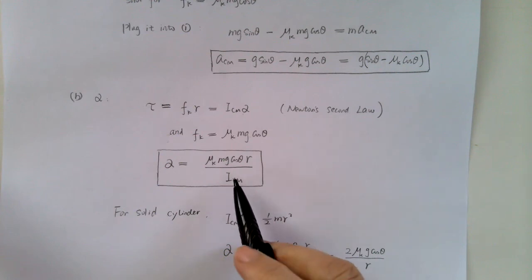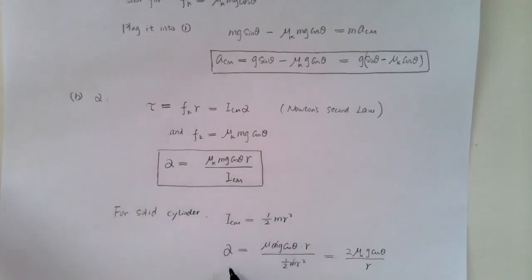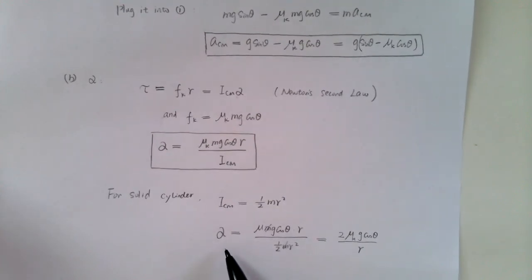Plug this into the expression of the angular acceleration and we get a simplified expression for a solid cylinder rolling down and slipping on the inclined surface: the angular acceleration equals 2 mu k g cosine theta over r.